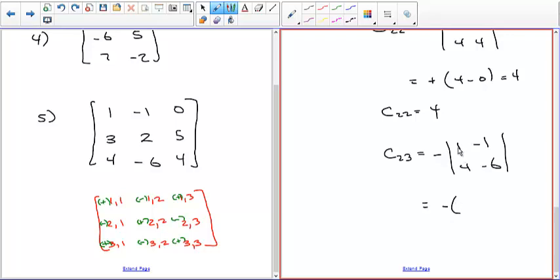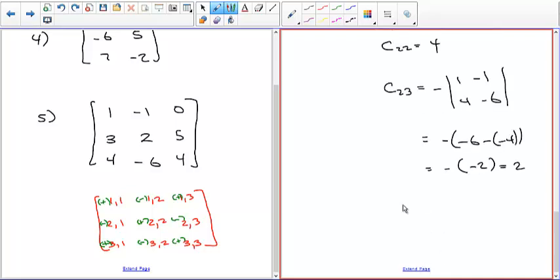Well, 1 times -6 is -6, and -1 times 4 is -4, so you subtract a -4. So it's this times that minus that times that, so that's negative. You got -6 plus 4, which is -2, and negative is a 2. So that's the cofactor of 2, 3. It's 2.